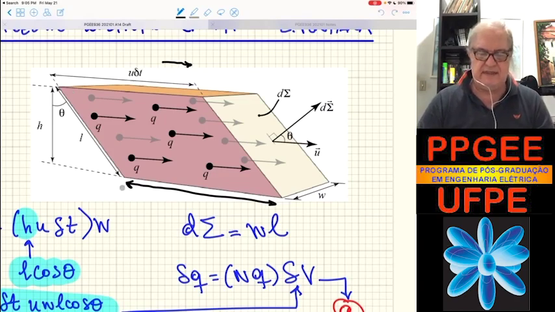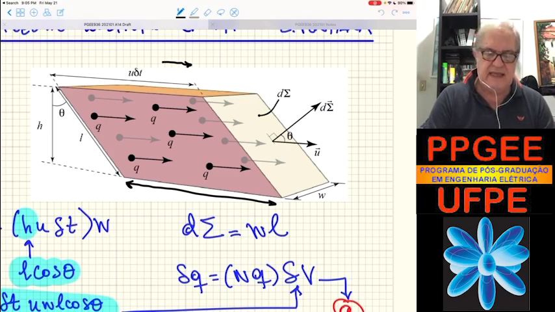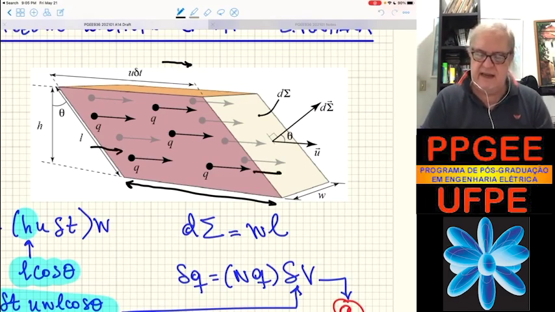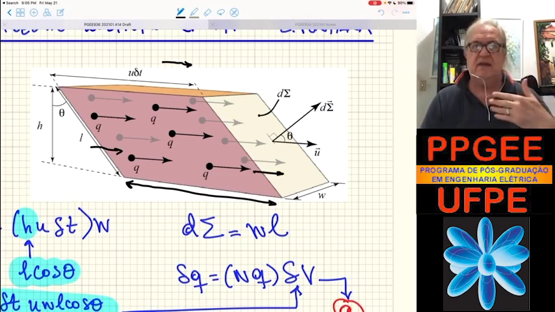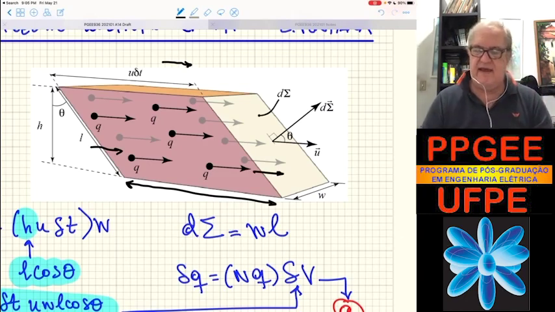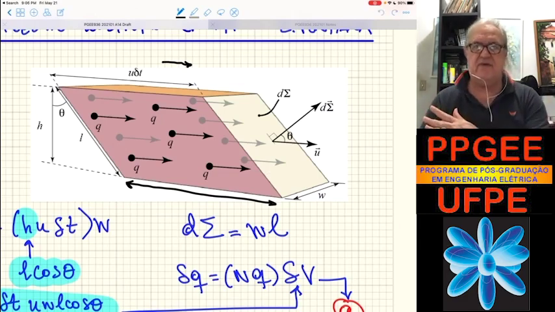So it means that there's no carrier crossing like this. The carriers that enter the left surface get out on the right surface. They don't get out on the walls, either top or bottom or left or right walls. But everything that enters on the back surface gets off on the right surface, right?